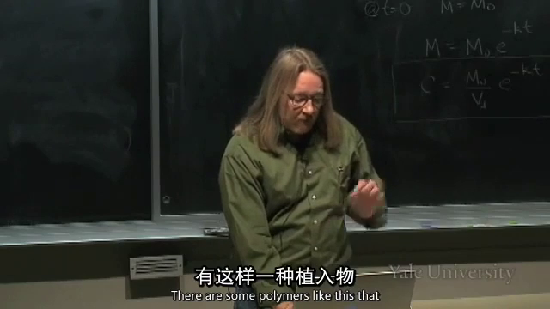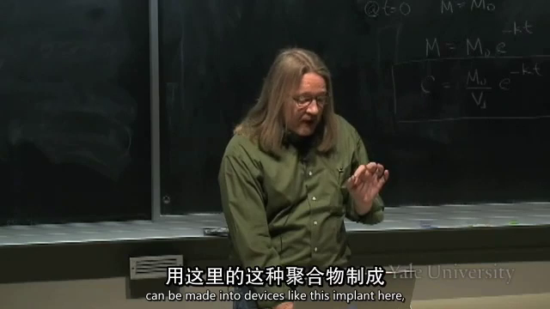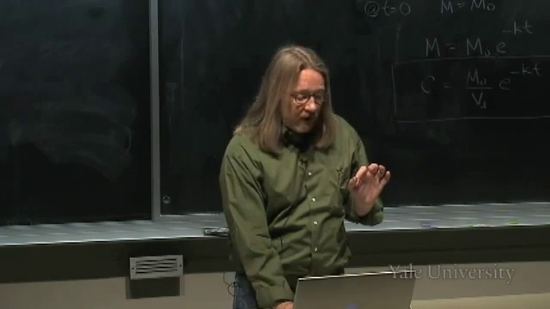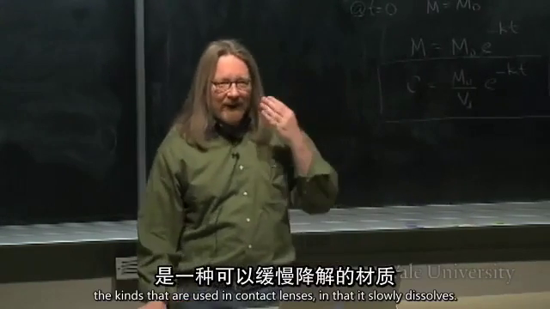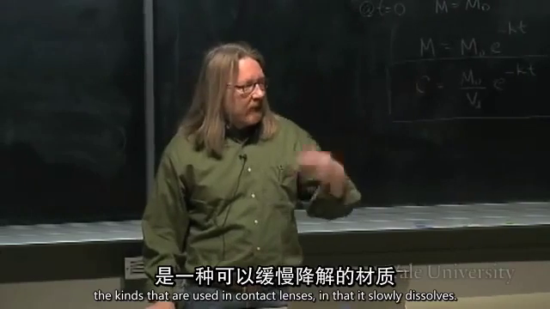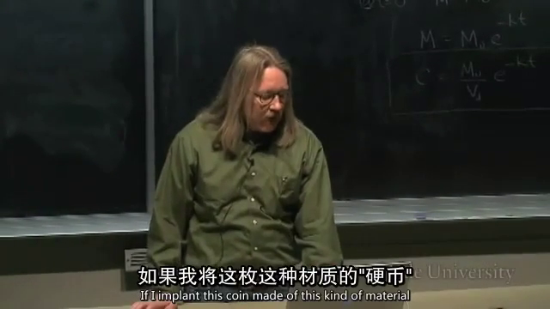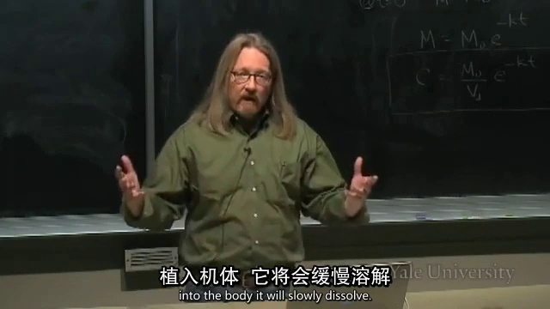And so there are some polymers like this that can be made into devices like this implant here, which is again about the size of a coin, but it's made of a very special polymer that's different than the kinds that are used in contact lenses in that it slowly dissolves. So if I implant this coin made of this kind of material into the body, it will slowly dissolve.